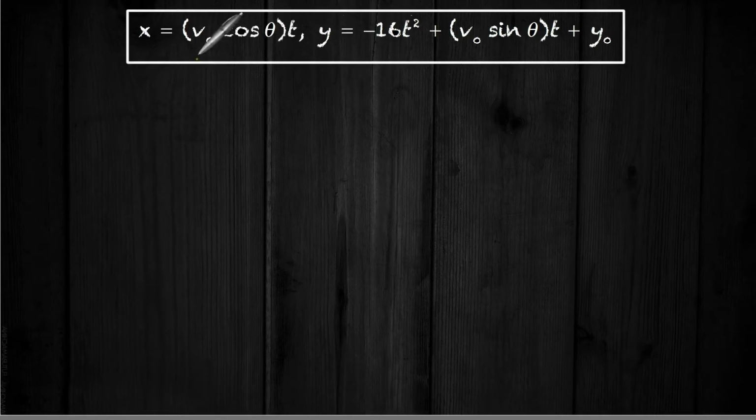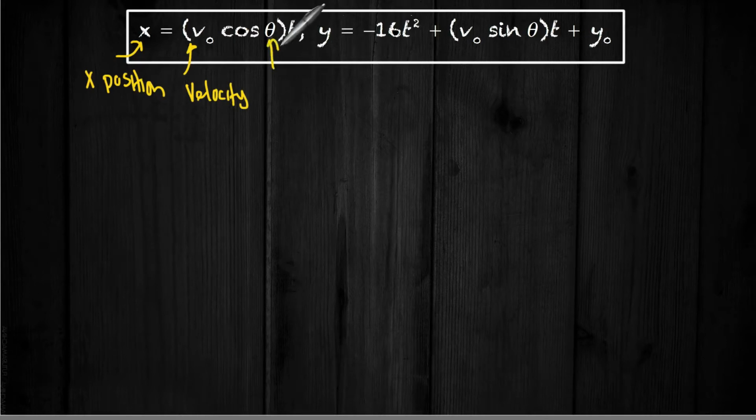And so let's just talk a little bit about how these equations are to be used. The x represents the x position of the object at any time. This is the initial velocity that you used.